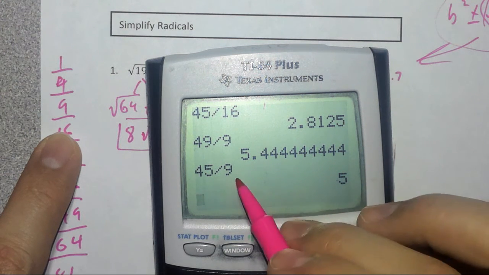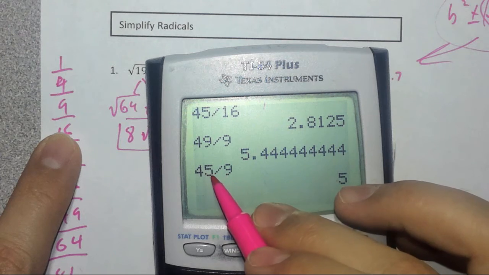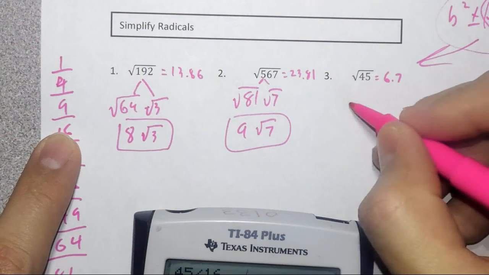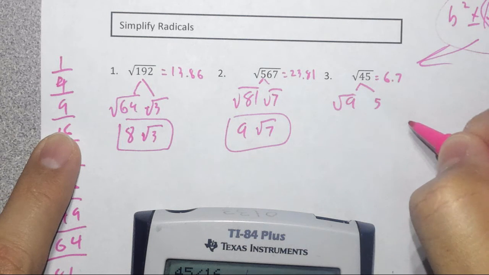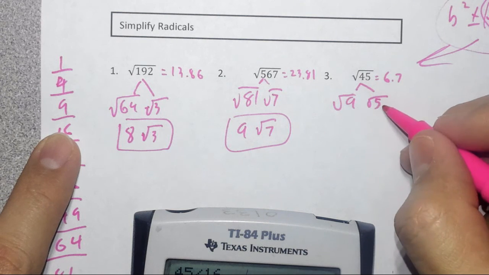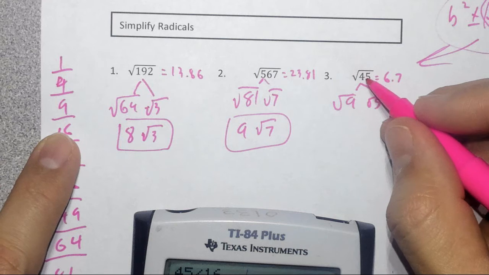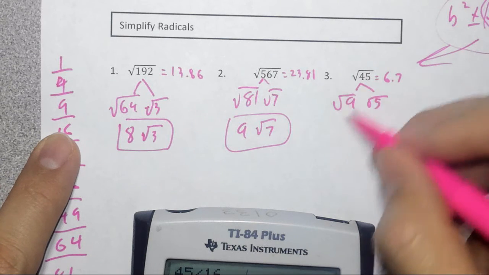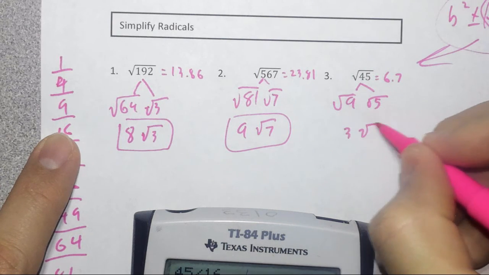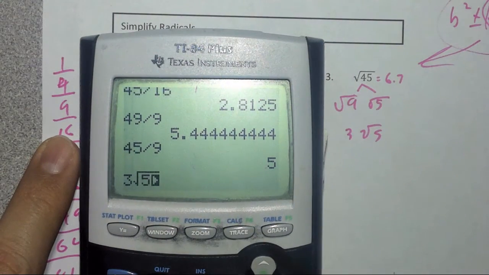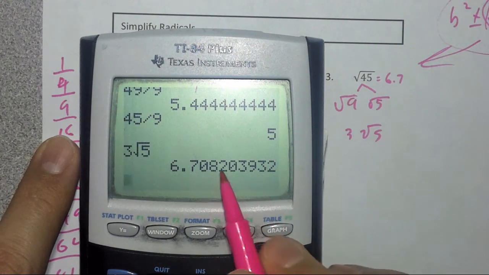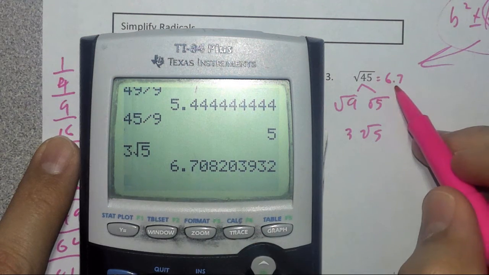So 5 times 9 is 45. So I'm looking for 9 and 5 here. The square root of 9 times the square root of 5 is the square root of 45. We know the square root of 9, so that's 3 square root of 5. And just a quick check, 3 square root of 5 gets a decimal, 6.7. That's what we got up here.